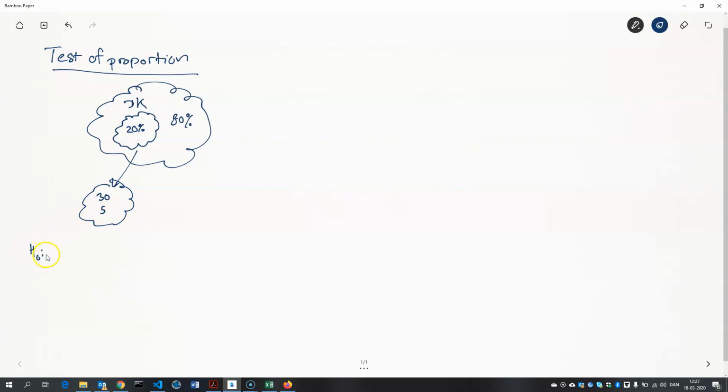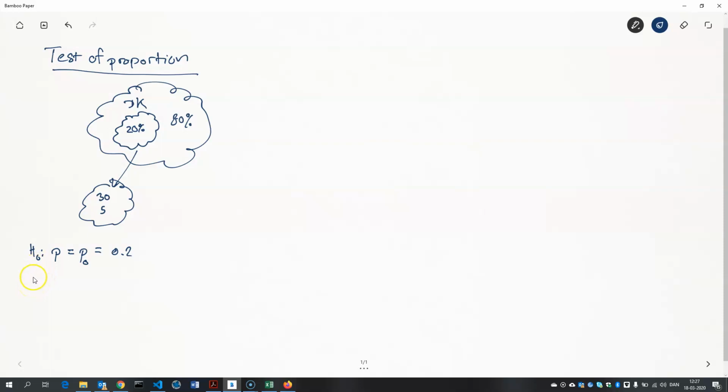The null hypothesis is that the proportion, I'll call it P, is equal to some hypothesized proportion, which in this case is 0.2, 20%. Maybe the health authorities would like to convince the population, the public, that there's no more than 20% infected in the population.